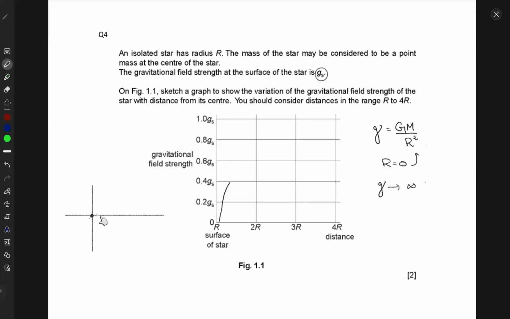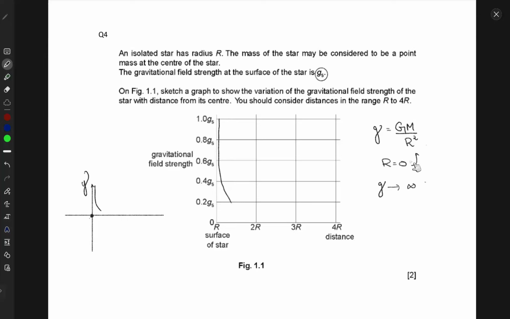If it's positive, then it's like this. It's never going to touch the y-axis. It will keep moving parallel to this axis, which means it's very large, it's infinity. We can do the same thing over here. Note that there are no negative values for this, so it's like this, never touching this.